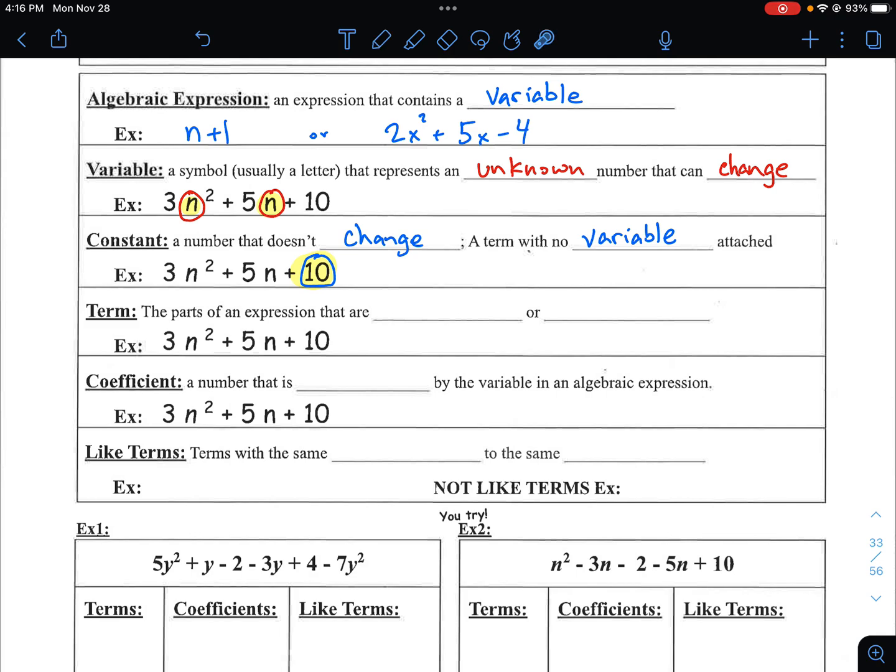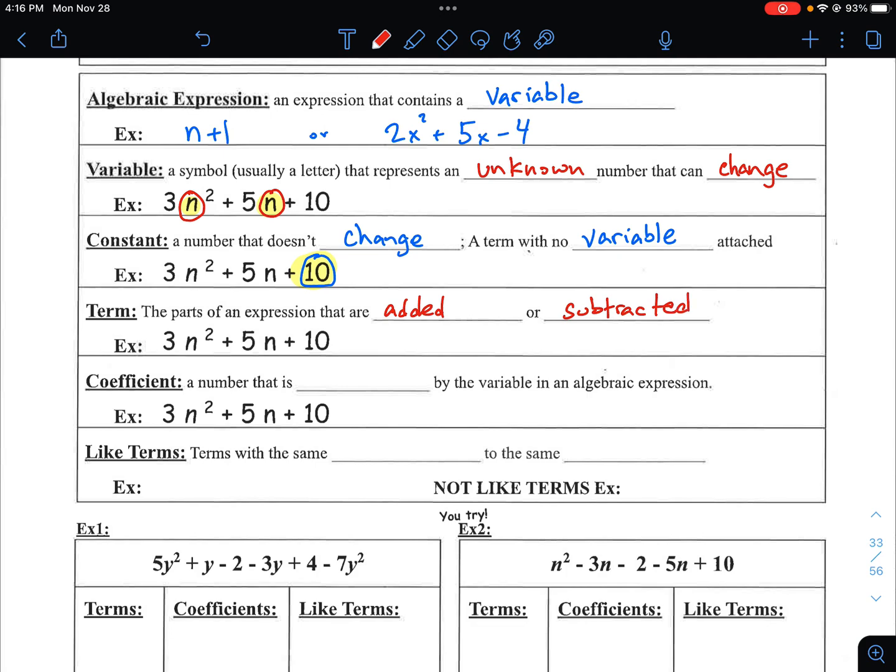Term. Now, term is a really complicated vocabulary word because, well, it gets really complicated. But to keep it simple, a term is the parts of an expression that are added or subtracted. Like I said, it could get more complicated than this, but we're just going to keep it simple.